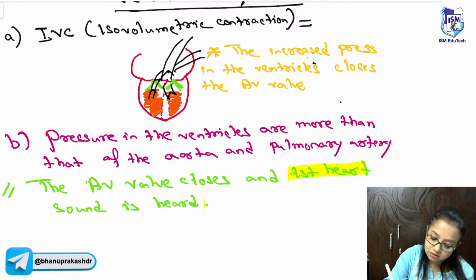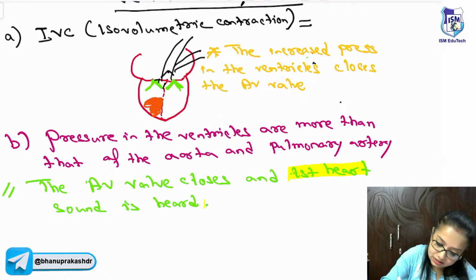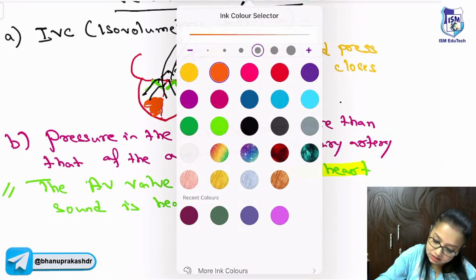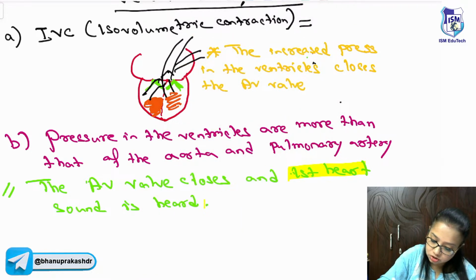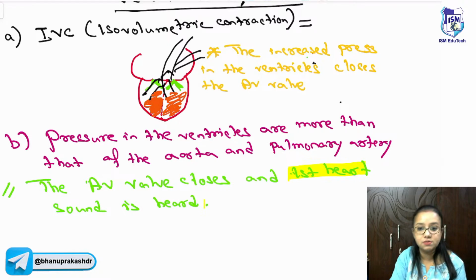So as a result of which, what is happening? As a result of it, the heart once again is a closed chamber. The AV valves are closed. The semilunar valves are closed.